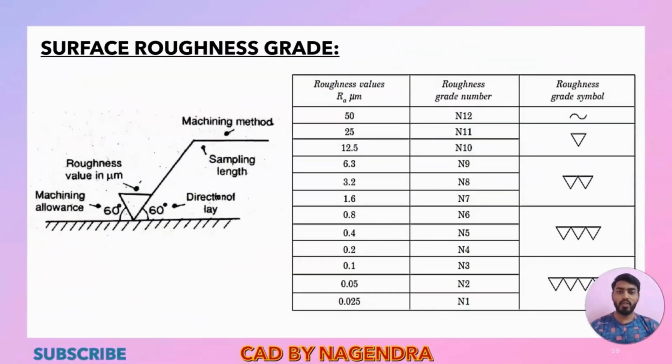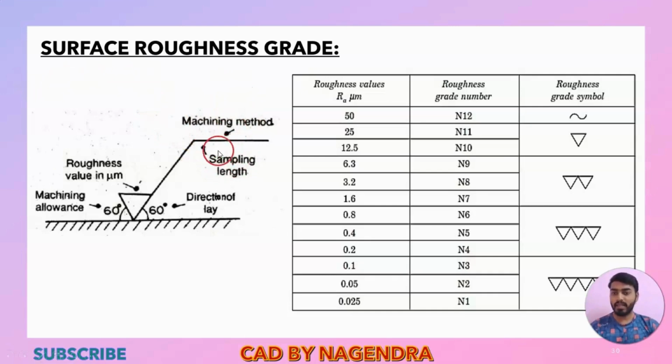Now let's enter a new slide and see how to give the surface finish. You can see here surface roughness grades. Usually we use this operation because we need to maintain the machining method. In this place we need to mention the machining method: either grinding, facing or turning operation to maintain that surface finish.